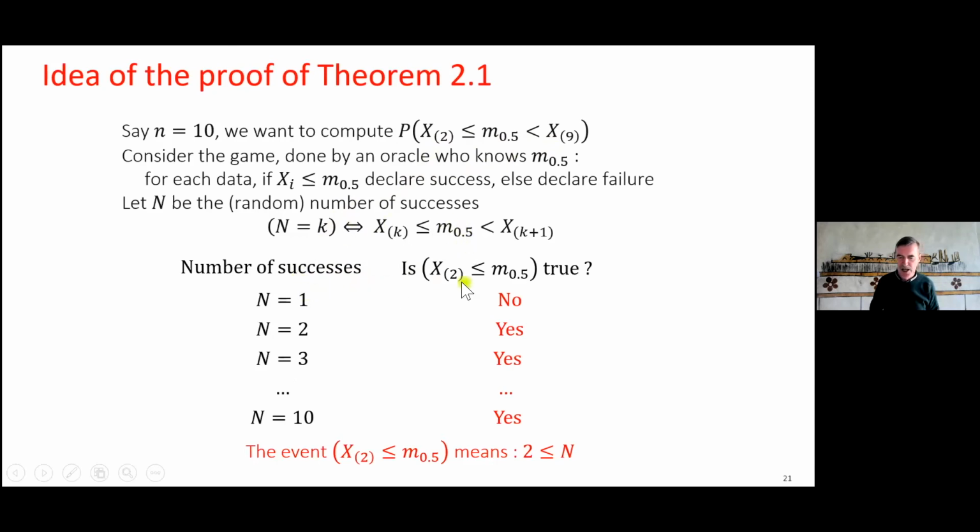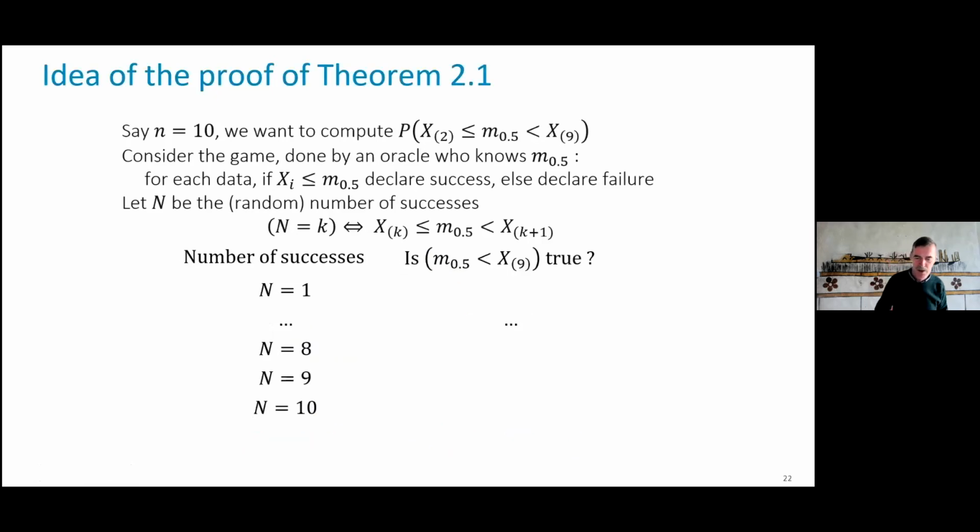Well, that means that the second value, x2, is not less than M0.5, because there was only 1. If we want the second one to be less than M0.5, we need the number of successes to be at least 2. So in other words, the event x2 less than M0.5 is equivalent to saying the number of successes seen by this oracle is larger than or equal to 2.